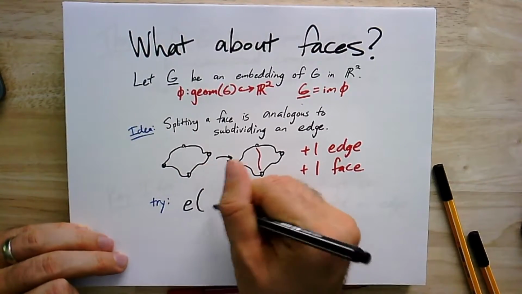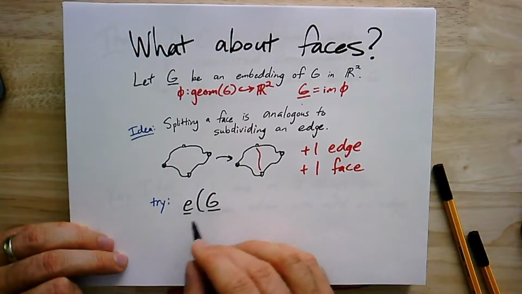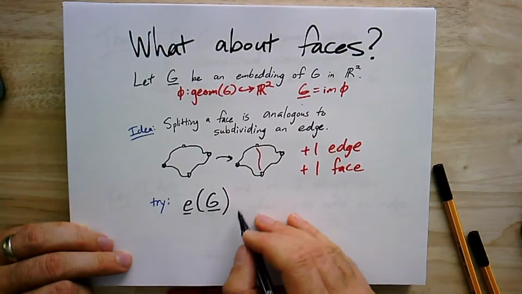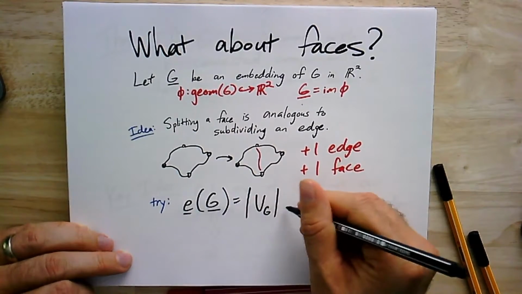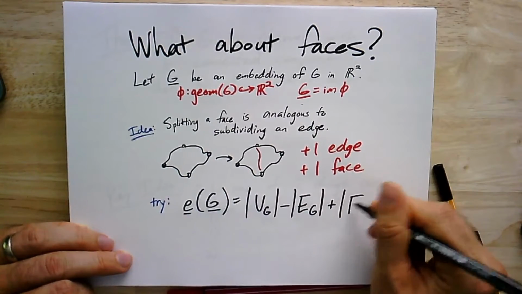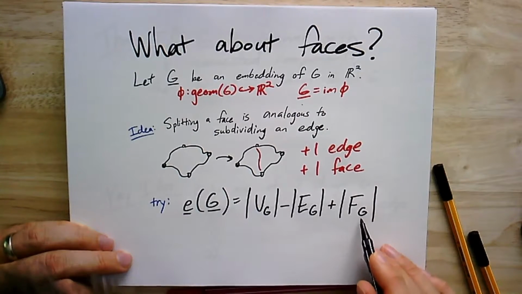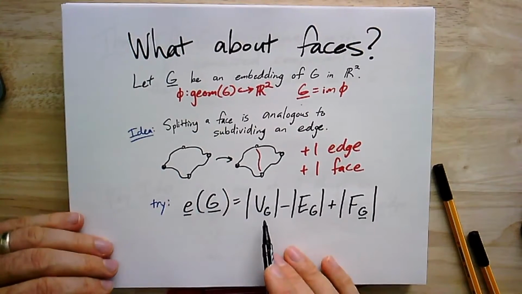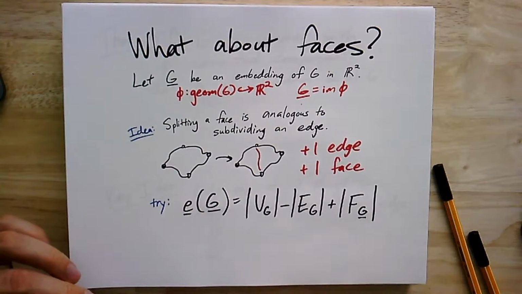So one thing you might try is some kind of invariant. Well, I don't have a name for it. We don't really need a name for now because this isn't going to be the one we settle on. But something like an invariant for the embedding, which counts the number of vertices minus the number of edges, and then adds back in the number of faces. And I should be careful here because the faces really depend on the embedding. So I could put underlines here as well, but the vertices and edges, at least the counts, don't change.